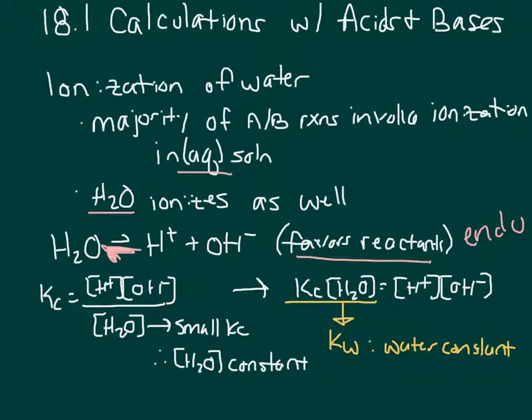Therefore, we want to isolate the hydrogen ions and hydroxide ions. So we manipulate the reaction, and we get this Kc times water. Because we're looking at the ionization of water, Kw becomes the constant which we use in place of Kc, and Kw equals the hydrogen ions times the hydroxide ions.